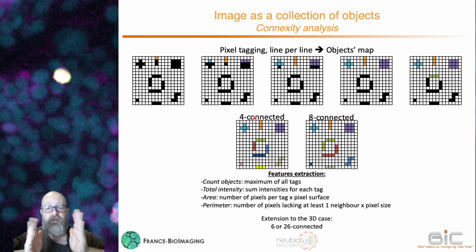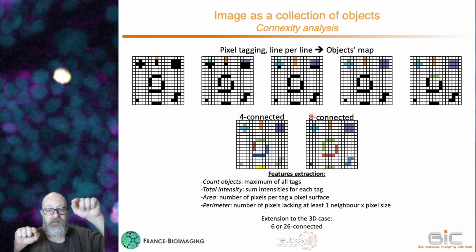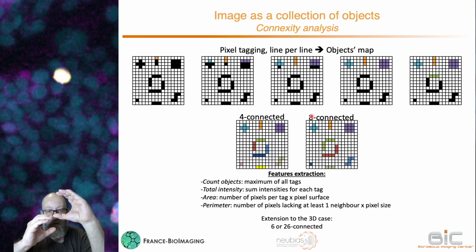So they should share one of the 4 sides. In the 8-connected situation, you consider the 4 sides plus the 4 corners, meaning that two pixels can be connected through a corner, so in diagonal.